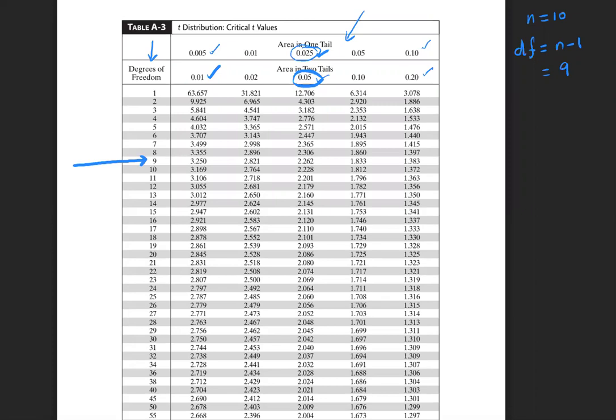And then if you go to the column of interest, that gives you 2.262. That is your critical value. That is your T sub alpha over 2. Now, is everyone okay with how to find this value? Okay, make sure that you know how to find this value. Now, I'm going to go back to my screen where I was before.